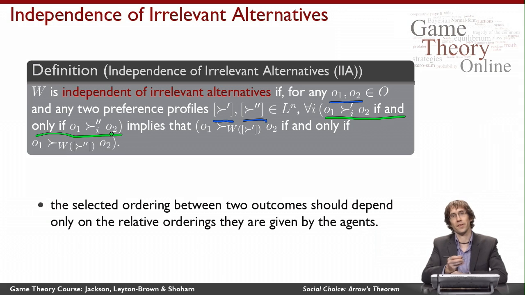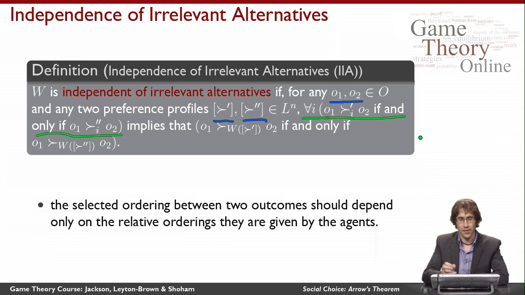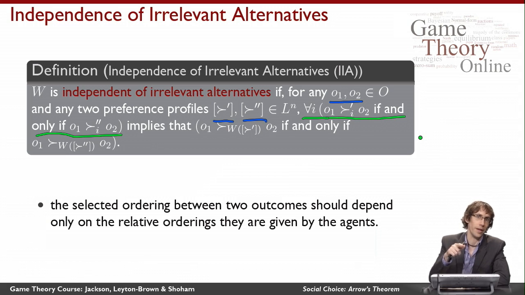So in other words, when I extend it out to the for all I here, this is saying that all of the agents relatively rank O1 and O2 in the same way in both pref prime and pref double prime. In other words, if agent I likes O2 better than O1 in pref prime, it must also be that agent I likes O2 better than O1 in pref double prime.